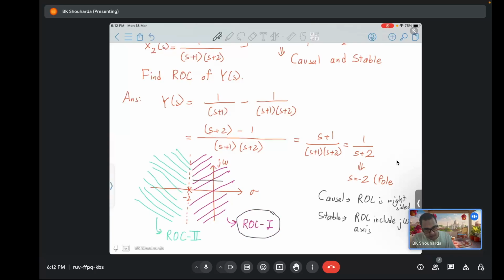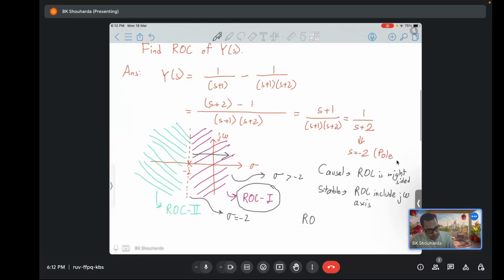It is everything to the right of this line, and this line is sigma equal to minus 2. So anything over here is greater than minus 2. So our ROC is sigma greater than minus 2. This is the ROC for Y(s).